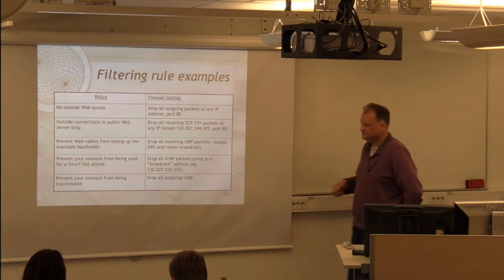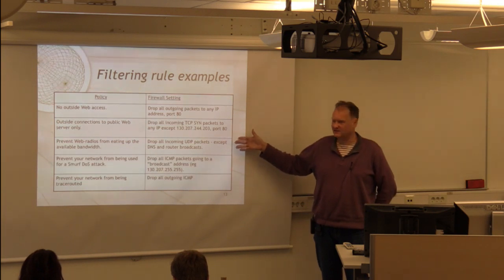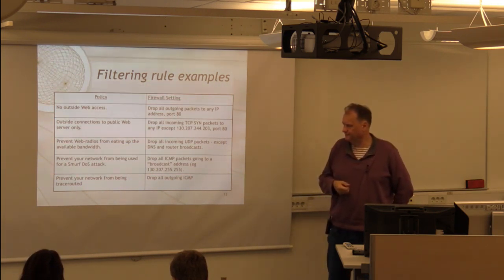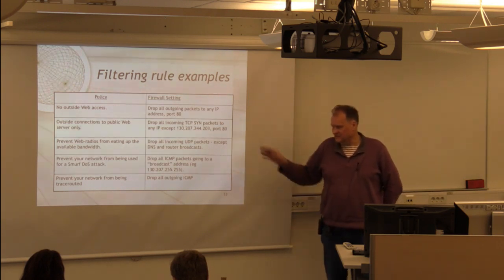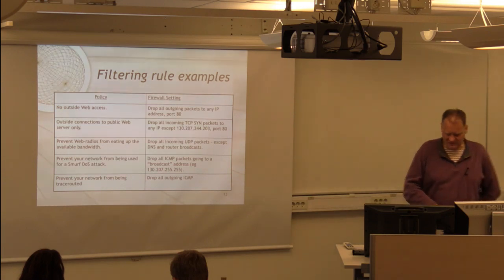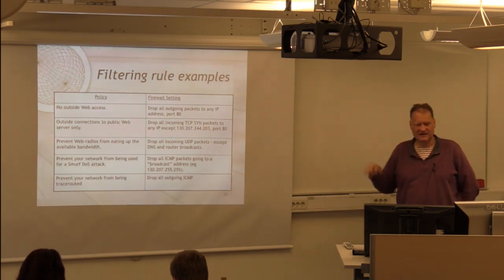But we probably would have to work much more finely here to decide exactly what type of UDP we need to allow, more than just DNS probably. And so on. So these are examples of rule sets and the problem of actually implementing a policy as a rule.